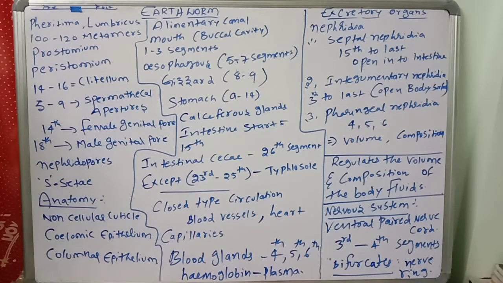Come to anatomy. Anatomy means systems. The body wall of earthworm is covered externally by a thin non-cellular cuticle, below which is present the epidermis.